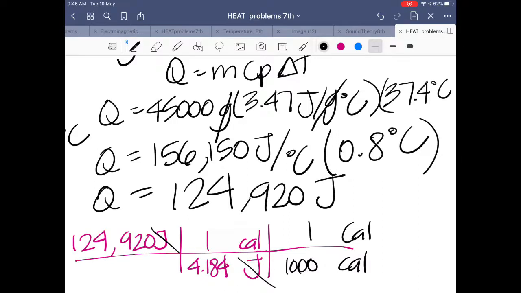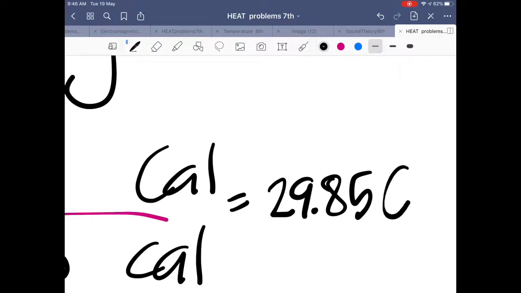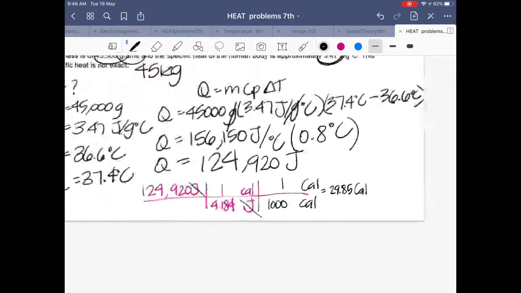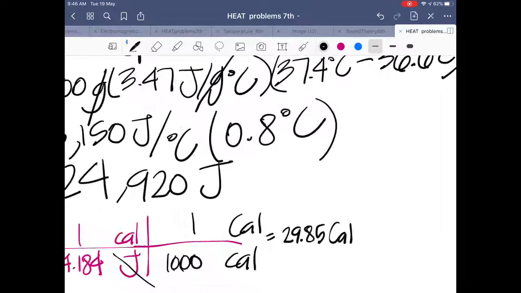So you have 124,920 divided by 4,184, and it will give you a burnout of 29.85 kilocalories. Okay, so this guy after 30 minutes of workout burned these kilocalories.